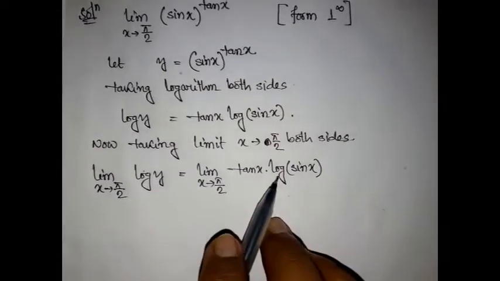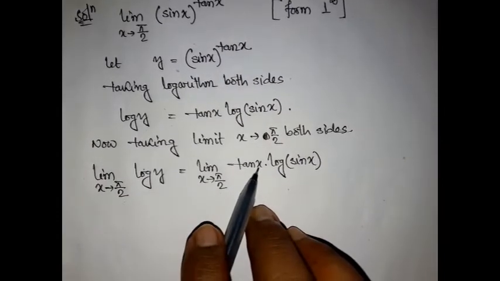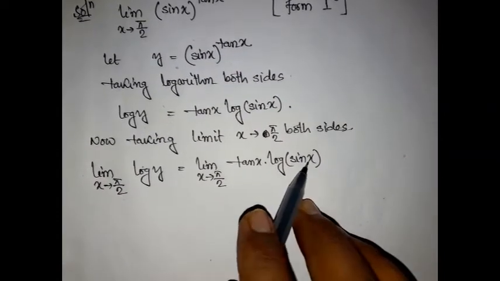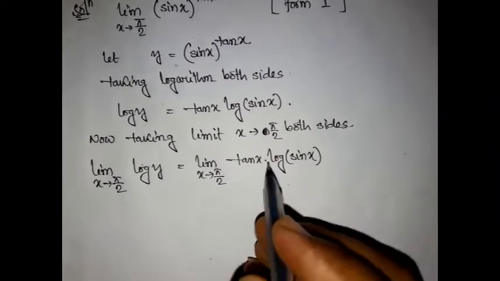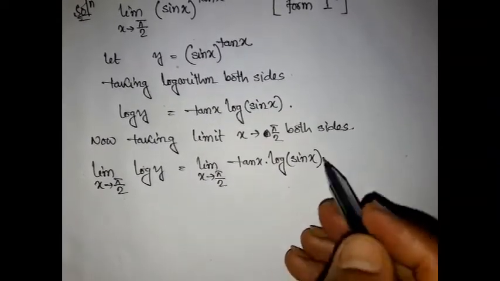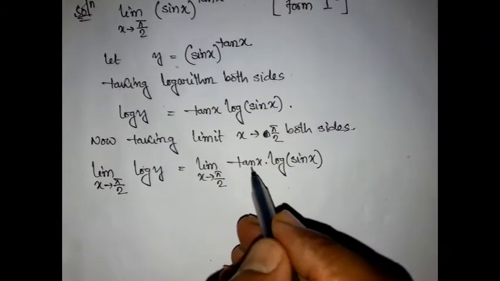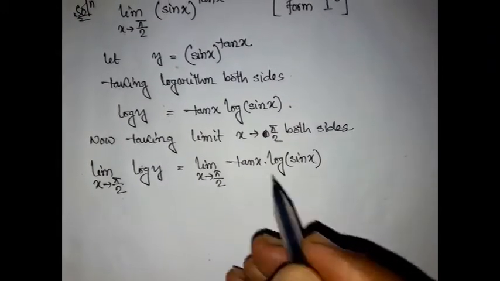Now what is the form? Log 1 means 0 and tan pi by 2 is infinity, so 0 dot infinity. So we have to convert it into the form 0 by 0. So keep log of sin x unchanged, and this infinity just consider as a denominator.